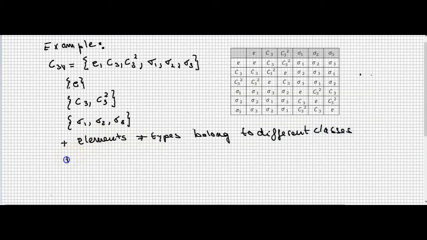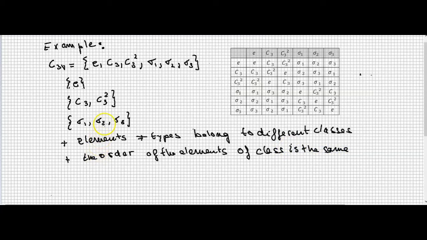And another property, in order to check if your results are correct, is to use the property of the order of the elements of a given class. The order of the elements of a class is the same.